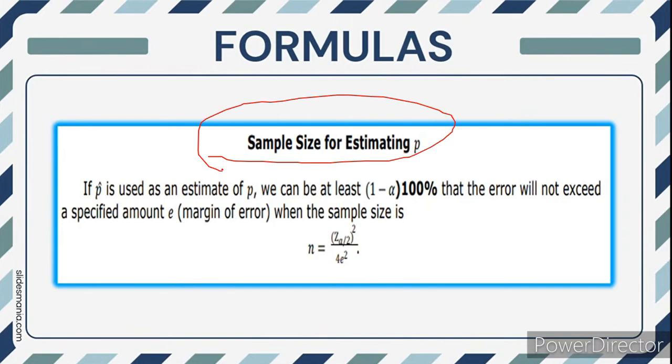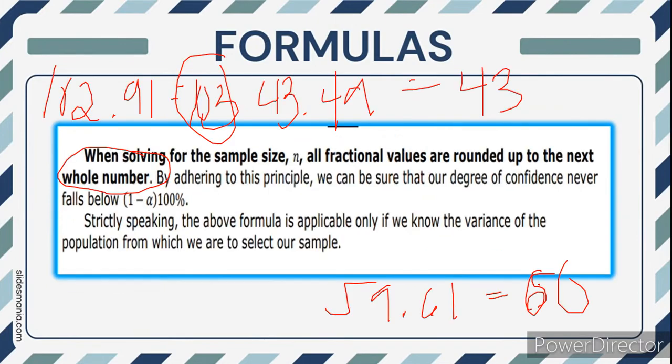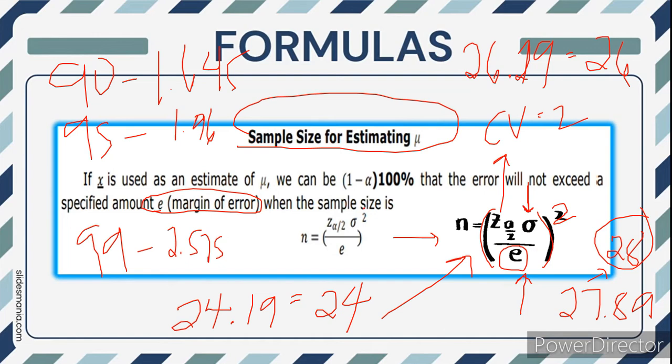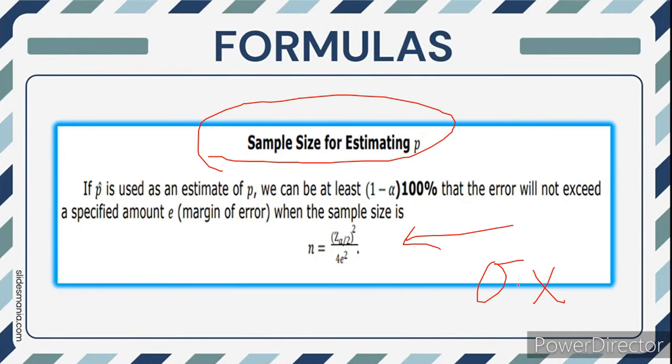Again, kapag hinahanap naman yung estimating for the population proportion, magkaiba po sila ng formula. Dito, if you're going to find the value of population proportion, we don't have the value of standard deviation. Kanina, meron tayong standard deviation when it comes to mean. But when it comes to proportion, we don't have the value of standard deviation.